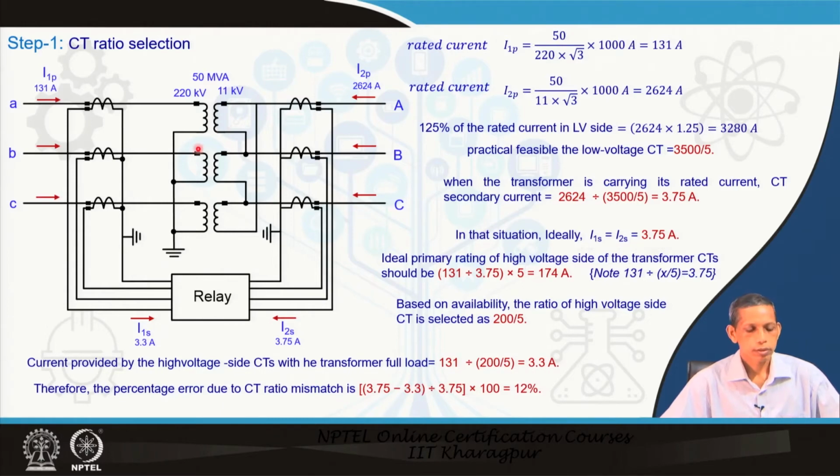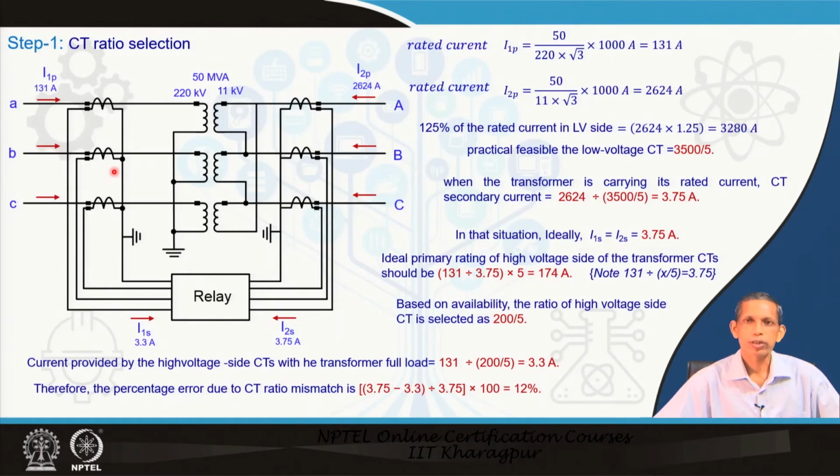Now, in the last lecture we talked about how to fix the CT, which is the first step of the protection, because the differential current which the relay calculates and analyzes is based on the current provided by the CTs.